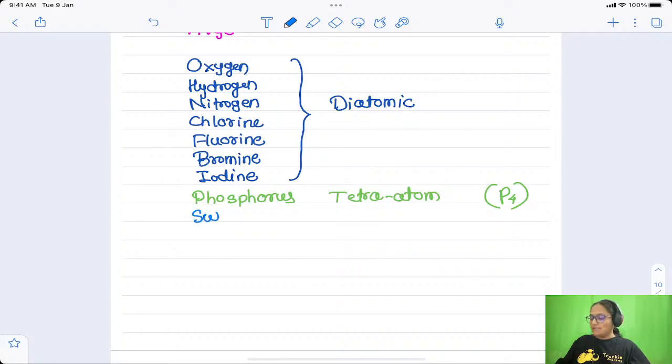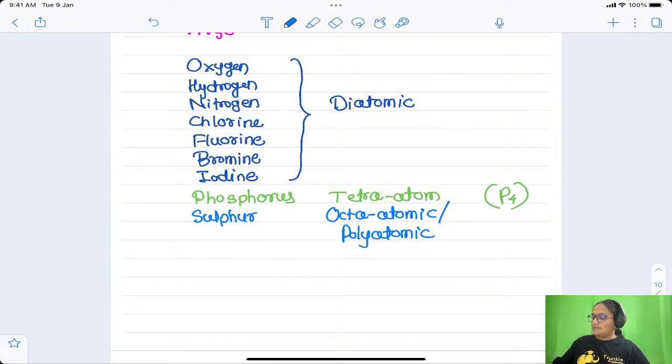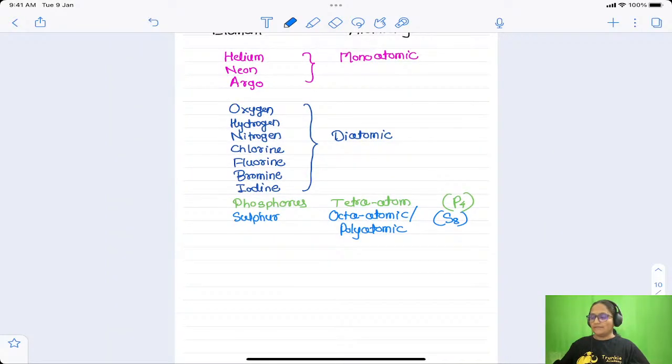Sulfur exists in nature in the form of the S8 molecule. S8 means it is octaatomic, or it is also called polyatomic. The formula for sulfur is S8. So this is about the atomicity.